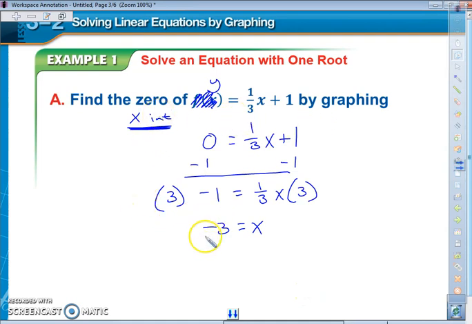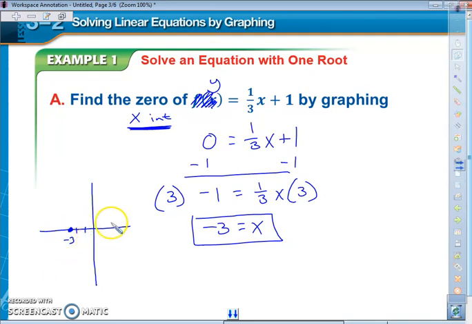So the zero of this is -3. That means that if I was to graph it, my x-intercept is going to be over here at -3. That's the zero. The zero is on the x-axis. 1, 2. I put the little marks right there for you.